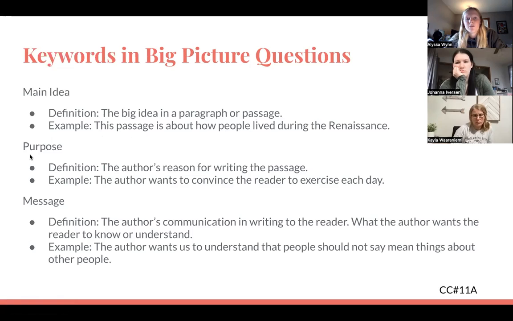It's the author's reason for writing the passage. The example is: the author wants to convince the reader to exercise each day. The message is the author's communication in writing to the reader, what the author wants the reader to know or understand. The example for this is: the author wants you to understand that people should not say mean things about other people.